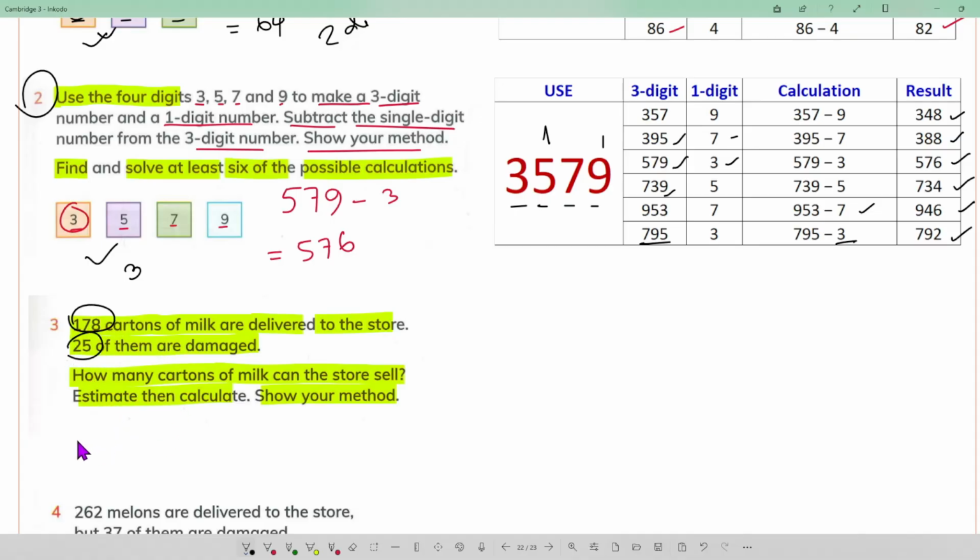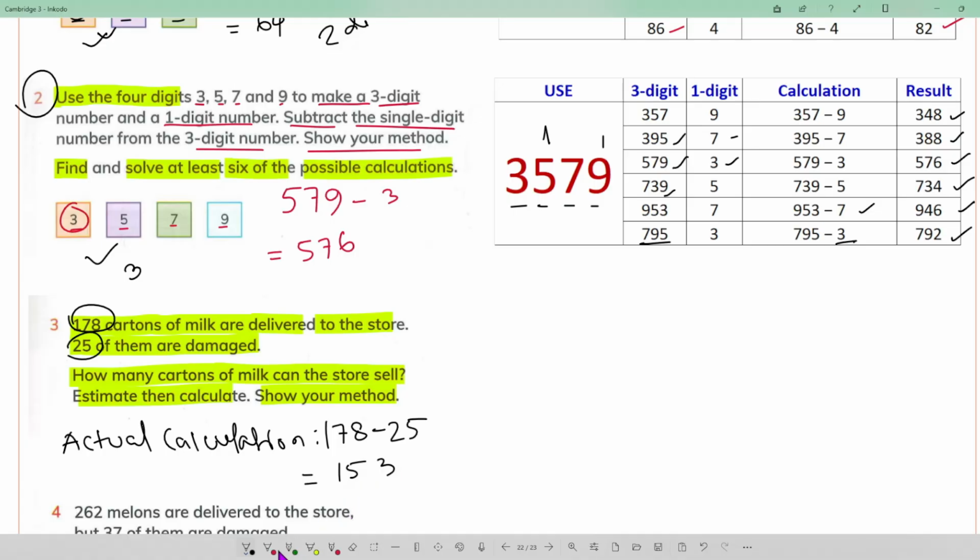So the actual calculation will be 178 minus 25, right? So the answer will be 153.